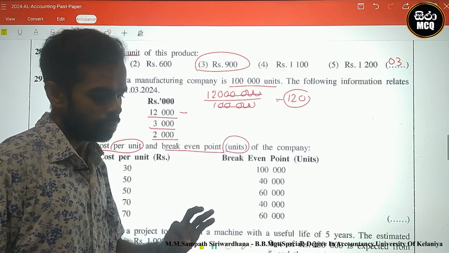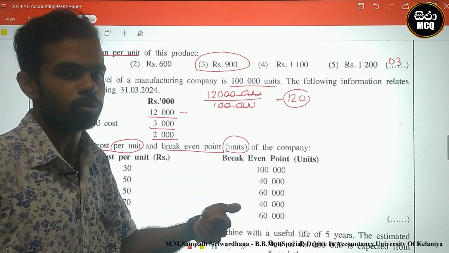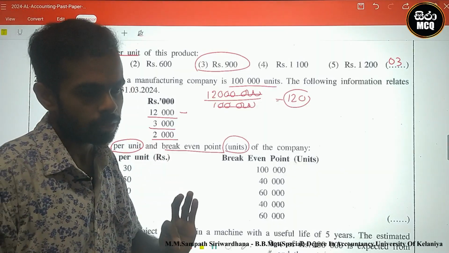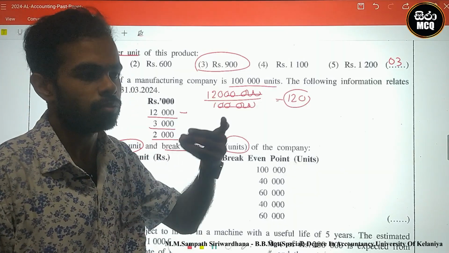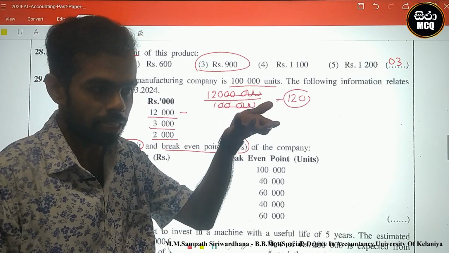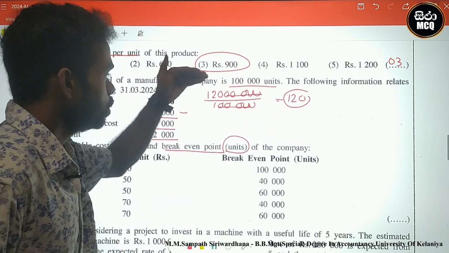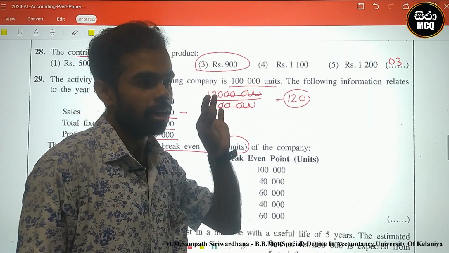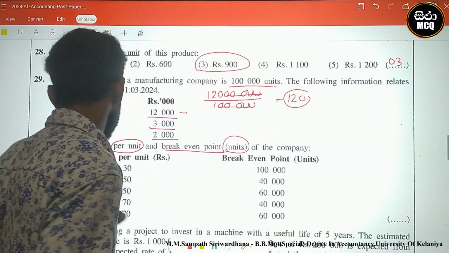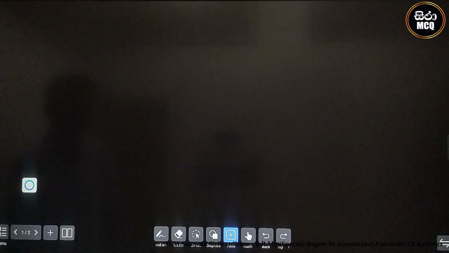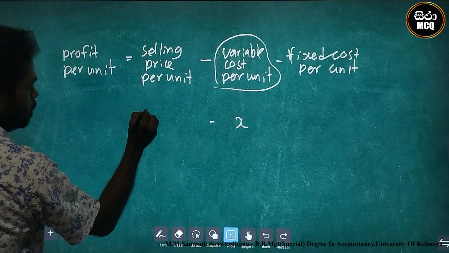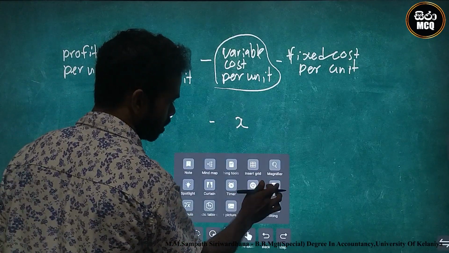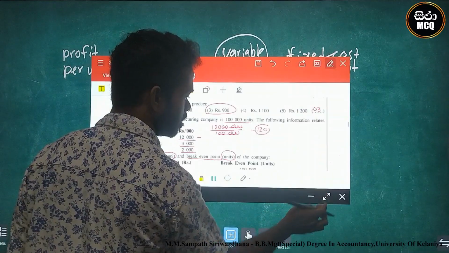Why? Unit selling price multiplied by number of units gives the total sales. Therefore, total sales divided by number of units gives the unit selling price, 120 rupees.